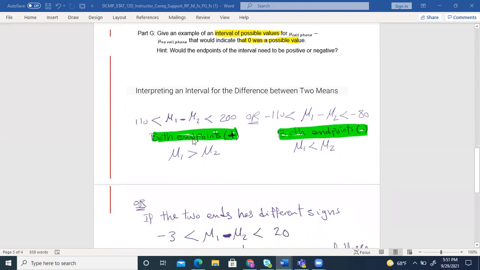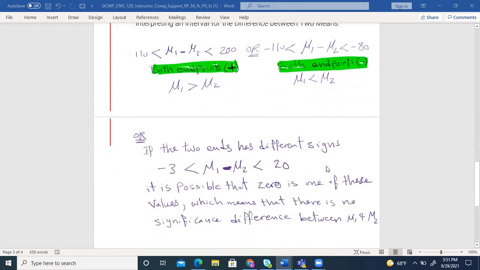For this case, if both ends are positive, that means the mu for the first population is greater than mu for the second population. If both ends are negative, that means mu for the first population is less than mu for the second population. And the last case is where the two ends have different signs.